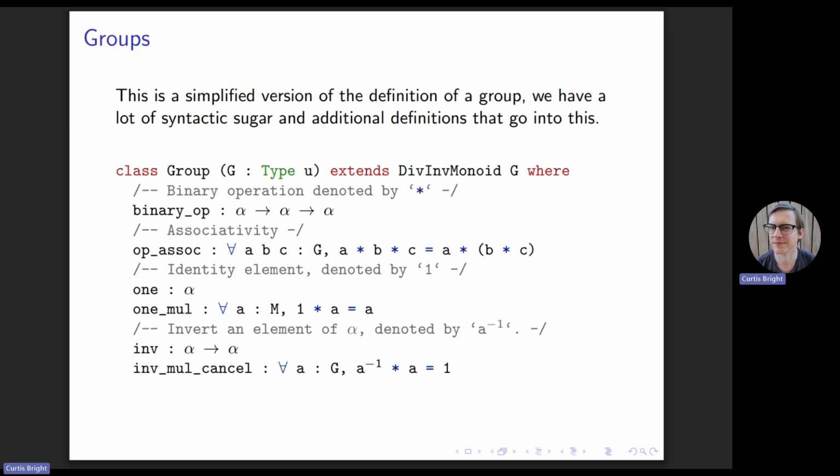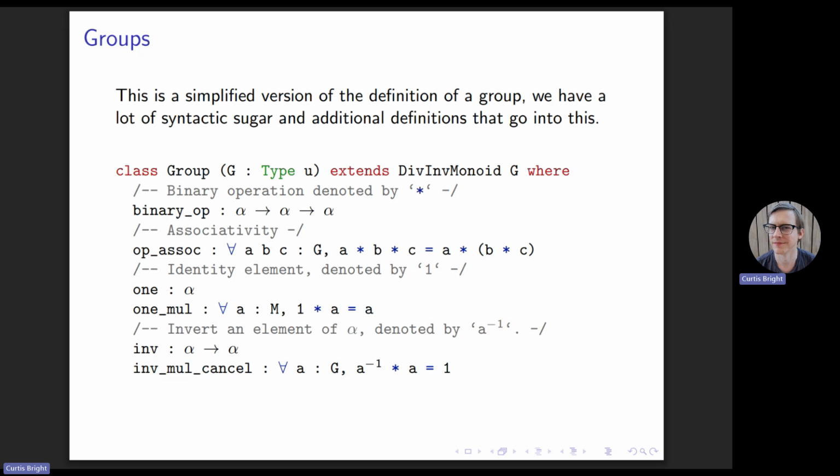So this is the group definition. Group is defined on a type, and this is a simplification. I have a couple of typos here because I was copying and pasting from different parts of the hierarchy, because the definition of group inherits a bunch of things from other objects, like semigroups and so on.